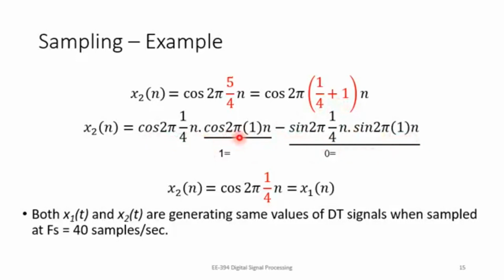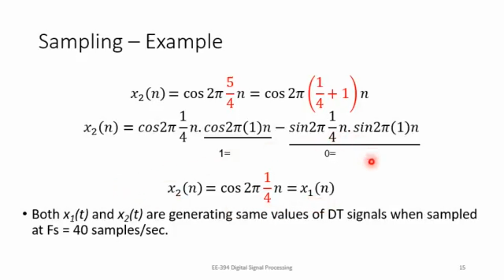Cos 2π 1n goes to 1, sin 2π 1n goes to 0, making this entire second term 0. And it simplifies into x2(n) equal to cos 2π (1/4) n, which we see is the same expression as that of x1(n).